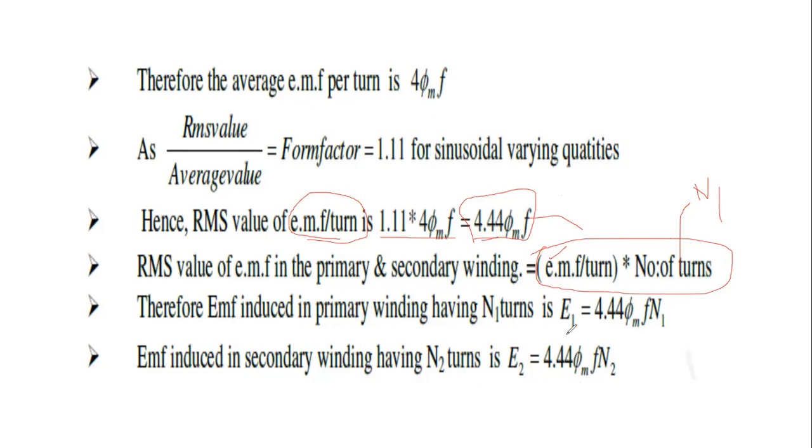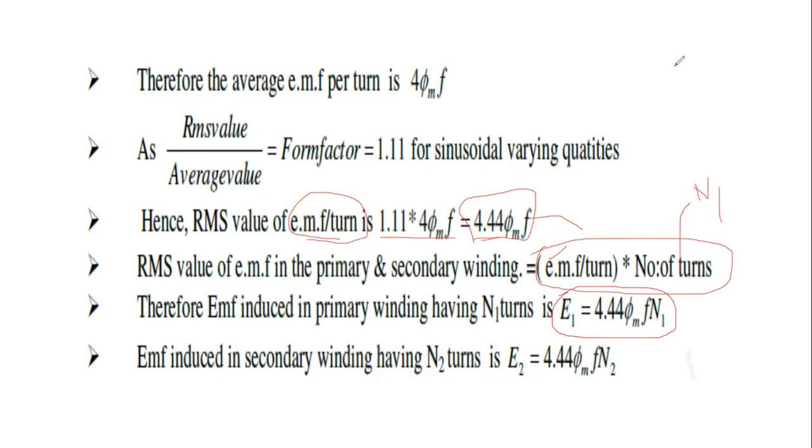Therefore E1 is equal to 4.44 φm f into N1, where N1 is the number of turns, φm is the maximum flux, f is the supply frequency, and N1 is the number of turns. This is the EMF equation, E1 in the primary winding.